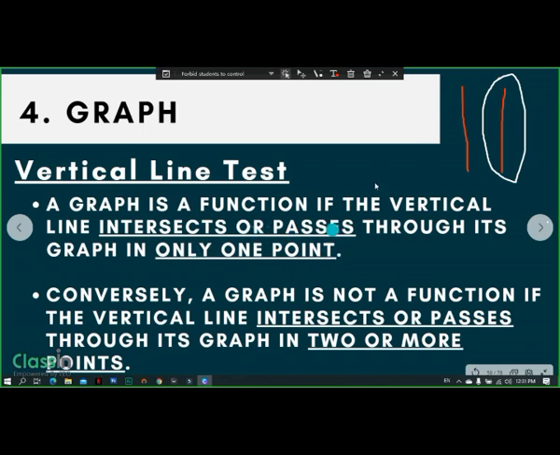Isang beses lang daw po dapat siya dadaan doon sa graph natin para matawag natin siya as function. Conversely, pagka 2 or more points yung nadaanan niya, 2 beses siyang nag-cross doon sa graph, this is not a function anymore. Therefore, ang tawag na natin sa kanya ay relation. Okay?